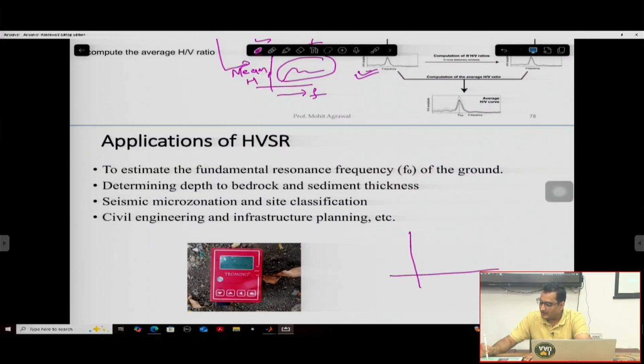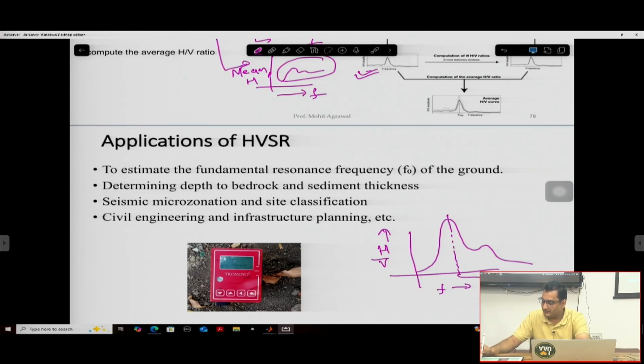Okay, so once you compute your HVSR curve, let's suppose it looks something like this. You have your frequencies here, and you have your HVSR amplitude on the y-axis. The frequency associated with the largest amplitude is known as the fundamental frequency.